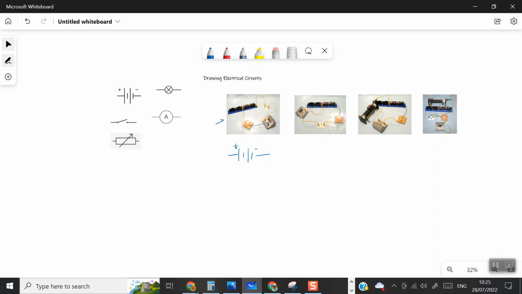The battery has the positive terminal and the negative terminal. And then we can see that this is attached to a switch. You have a switch like so. And then down here you have your ammeter, which is this one here.